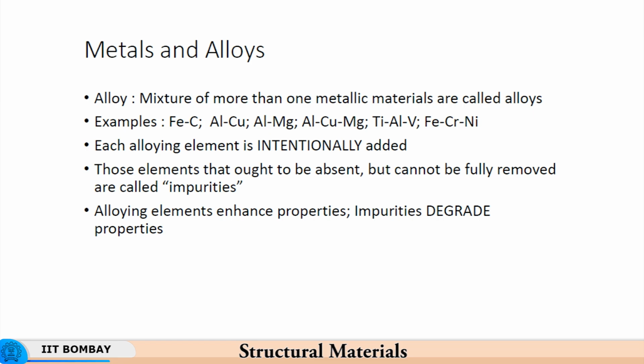So what I am saying is that alloying elements enhance the properties while impurities degrade the properties. Many times people address alloying elements as impurities, which is wrong, because alloying elements are intentionally added, impurities are not; they are unfortunately present when you would like to do without them.